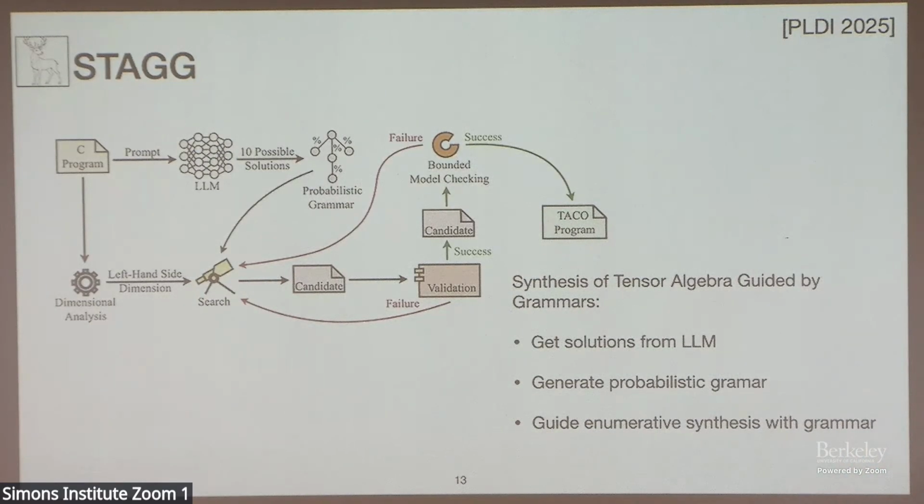But I'm going to give you a few more details on that. Essentially the idea is we can have a probability distribution over this neighborhood, and we can then search this neighborhood with our classic synthesis methods.